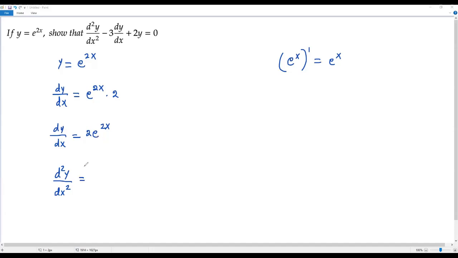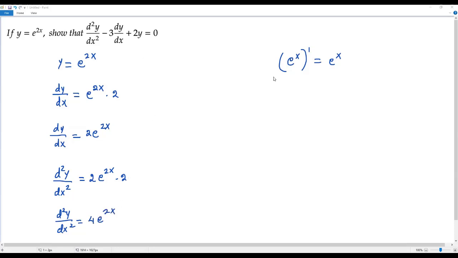Whenever a constant is multiplied by the variable, I have to keep the constant as it is. The derivative of e to the power of 2x is the same, e to the power of 2x. By the chain rule, the derivative of 2x with respect to x is just 2. So finally, d square y over dx square equals 2 times 2, which is 4, that is 4 times e to the power 2x.